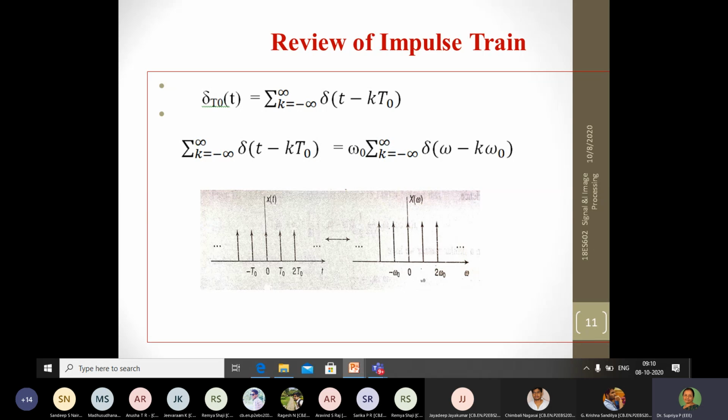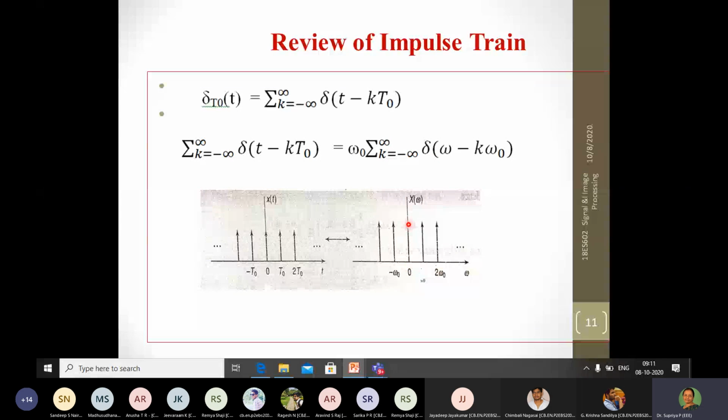With this basic relationship between omega naught and t naught, this conversion has been done in the Fourier domain, and the same signal has been shown because for the interpretation of sampling in the frequency domain, this particular expression assumes a lot of significance. As can be seen in the previous case, when k is equal to 0, we will have only one particular function here.